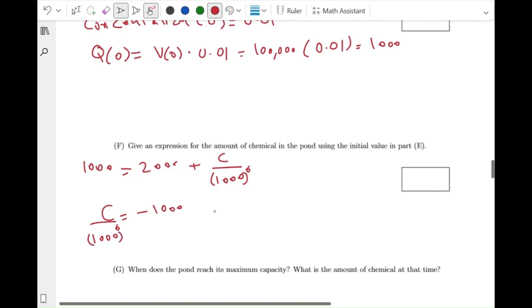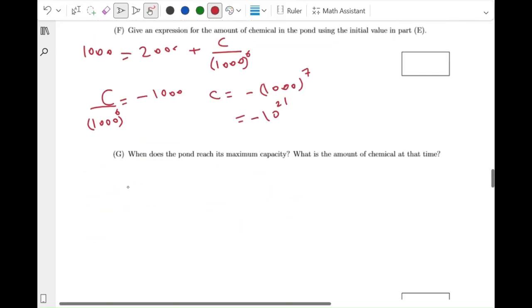So c is equal to minus 1,000 to power 7. So how many zeros is that? 7 times 3, 21, minus 10 to power 21.